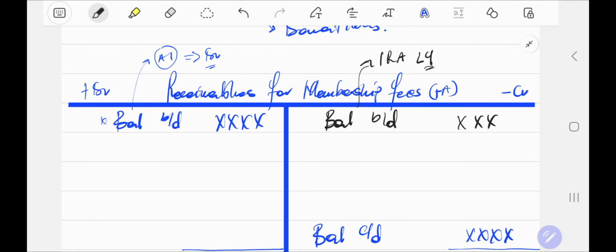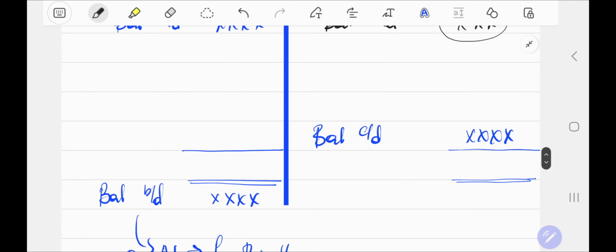If income received in advance is a liability, that means that it's always going to be recorded on the credit side. So even here, under the receivables for membership fees, the income received in advance will be recorded on the credit side, both the opening balance and the closing balance.